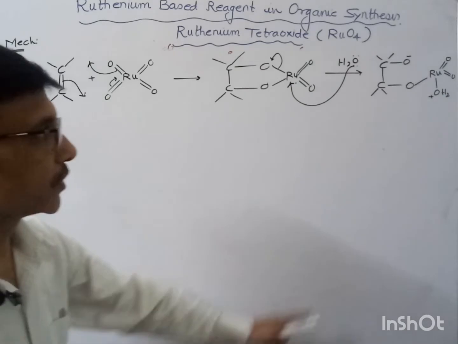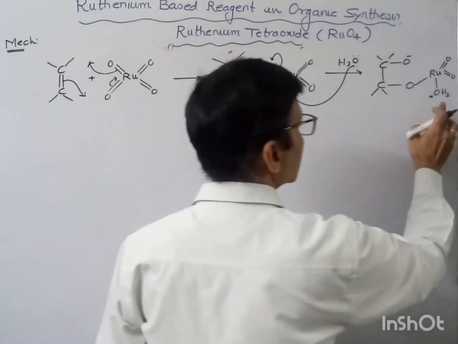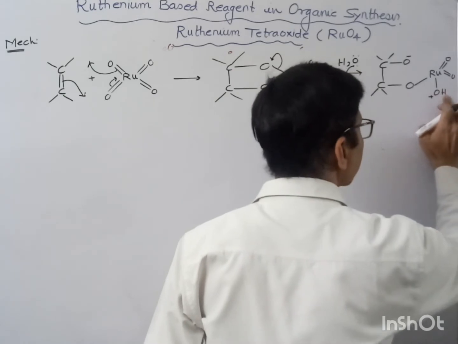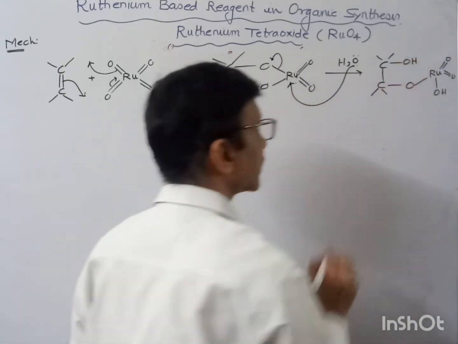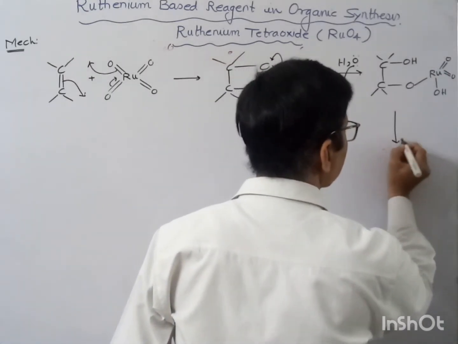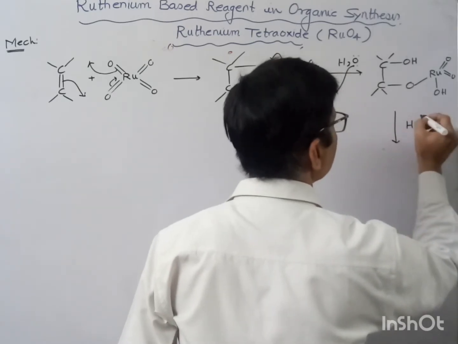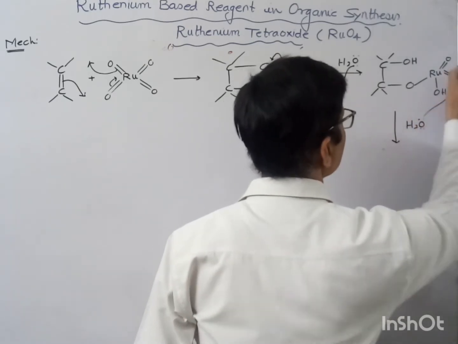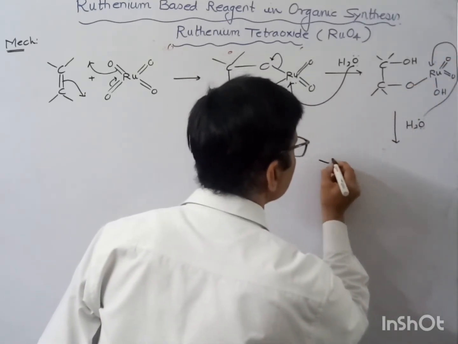In the next step, one of these protons will transfer, and we can write OH over here. Now again this H2O molecule may attack this ruthenium.